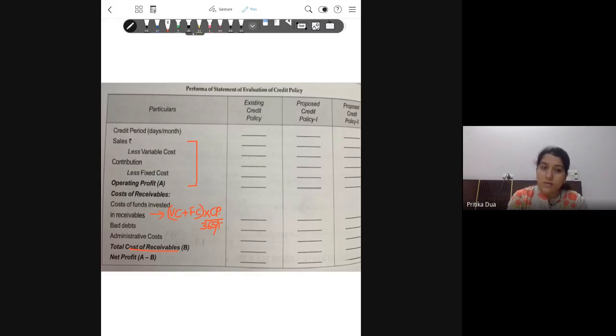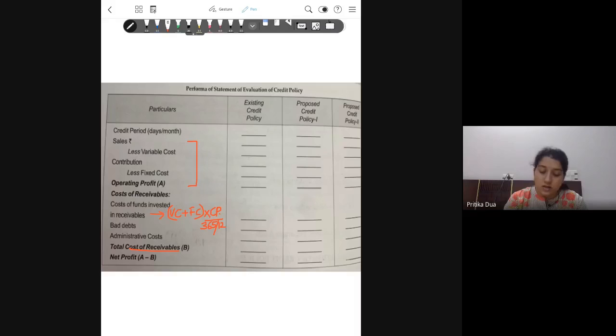Bad debts will be given as a percentage of credit sales and administrative cost will be your collection cost, cost of legal notice. So all these costs total up to give you cost of receivables, and your net profit will be operating profit minus cost of receivables.